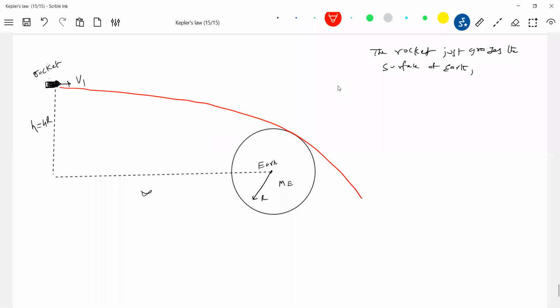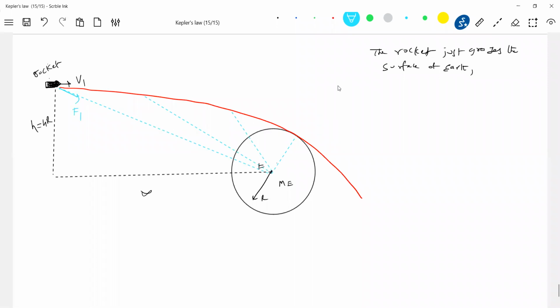So let's do one thing. After some time, what are the forces acting on the rocket? With respect to the center of the earth, you draw lines. When the rocket is here, the force will be F1.